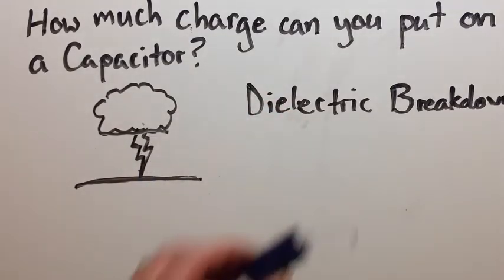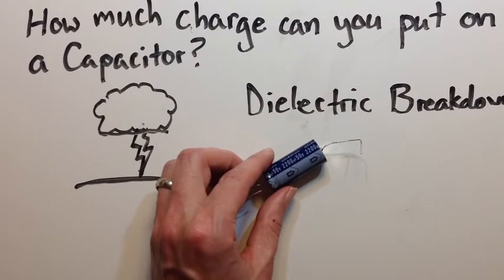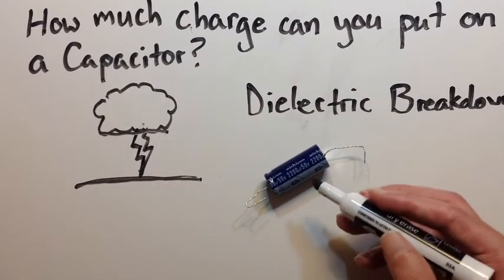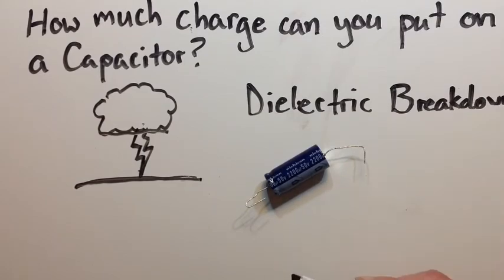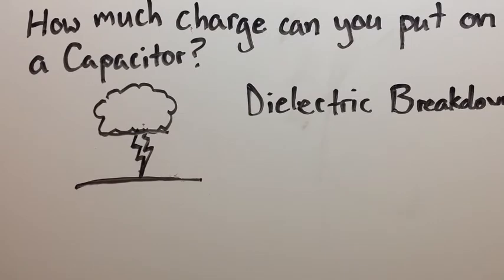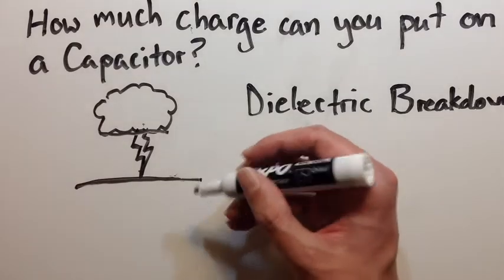And the same thing will happen inside of your capacitor. And when it happens inside of your capacitor, it breaks the capacitor, right? If you've got charge jumping between the plates, that's going to generate heat, and then it's going to go kaboom. So that's what dielectric breakdown is, those sparks, but the question is, why does it occur?